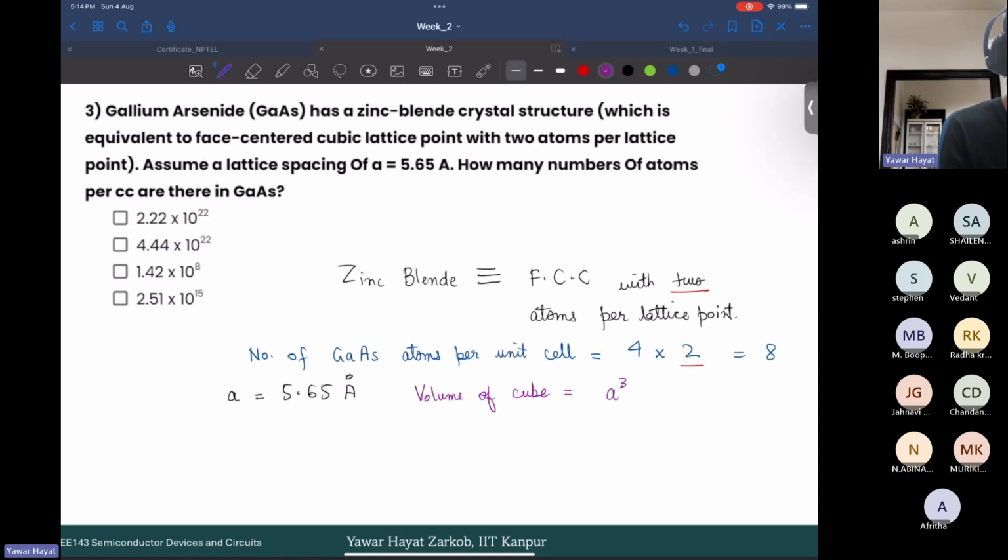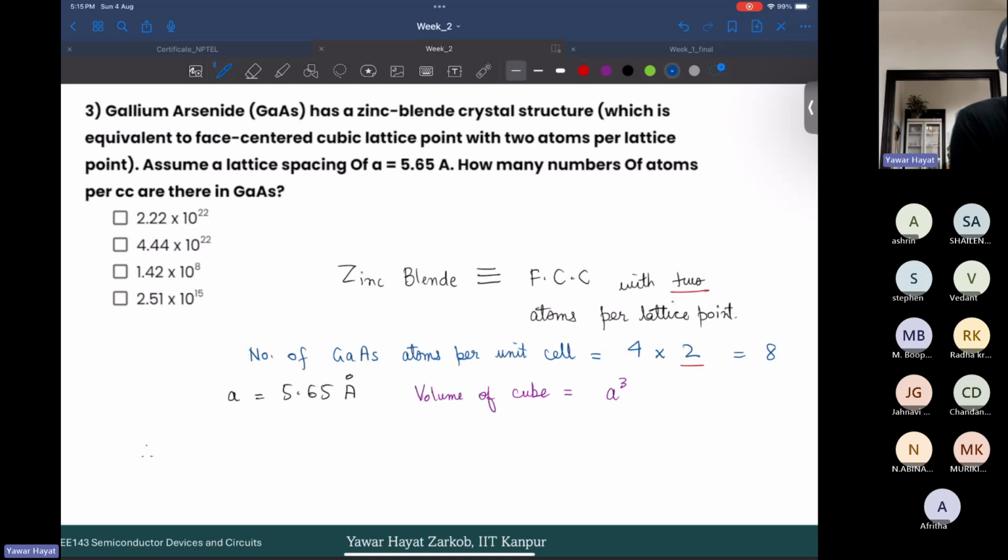Ideally, you should have a calculator in front of you because only then you would be able to work these out. Fine, take this as an exercise, okay? This is simple.